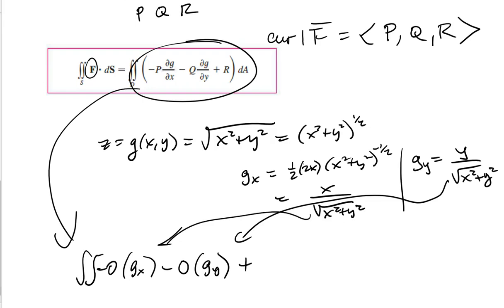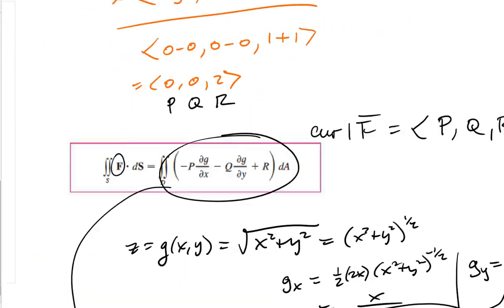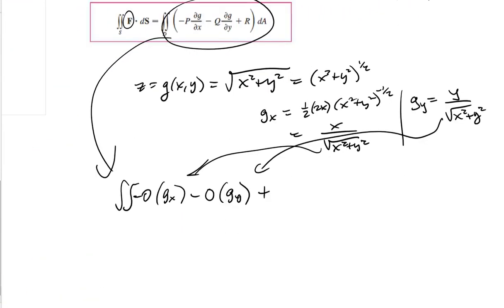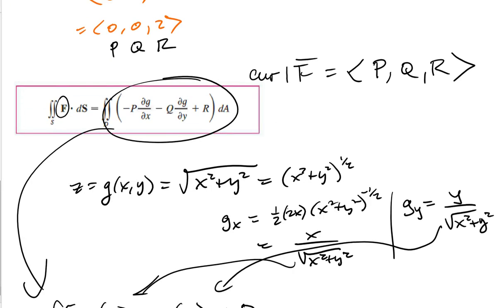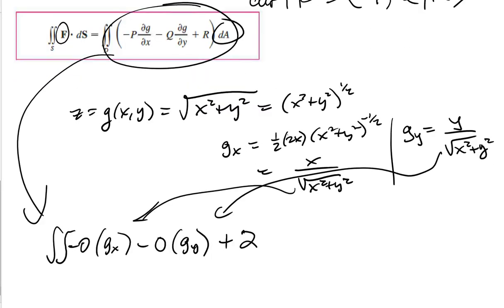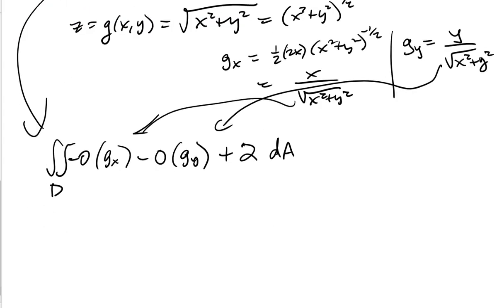And then plus R. Okay, so R was 2. So plus 2. And then it's dA over D. So let me clean this up and I'll talk about this. So this is double integral over D of 2 dA.